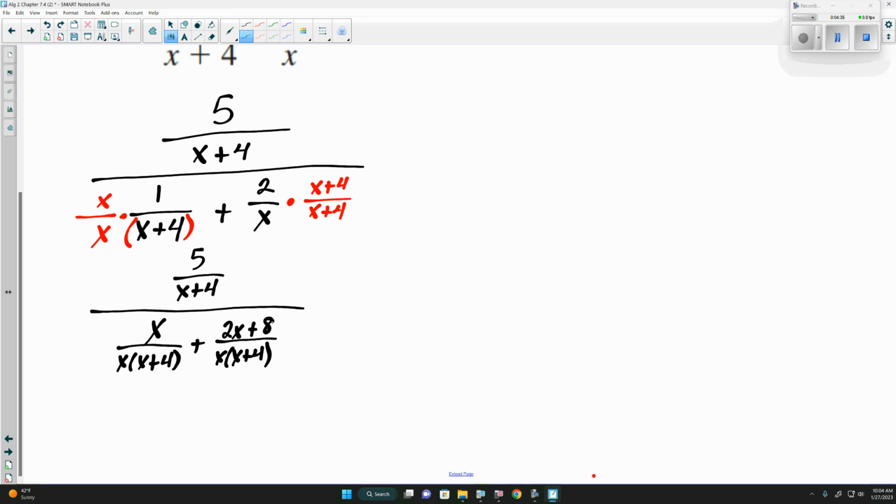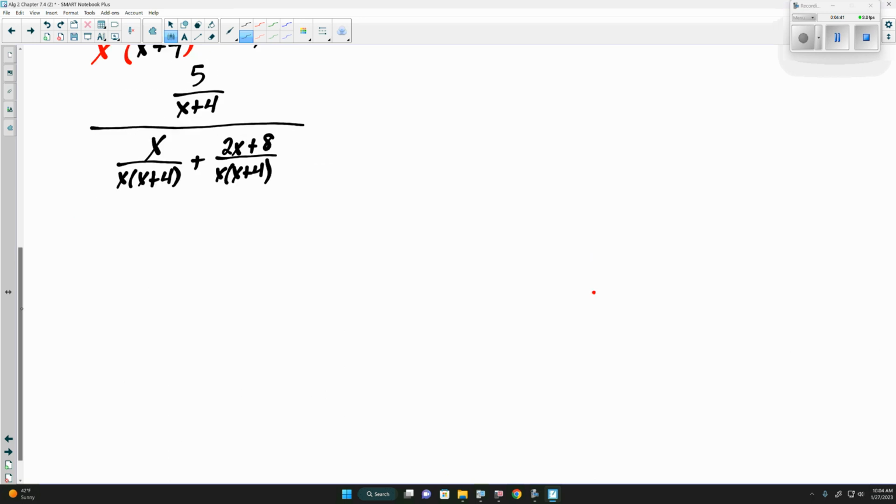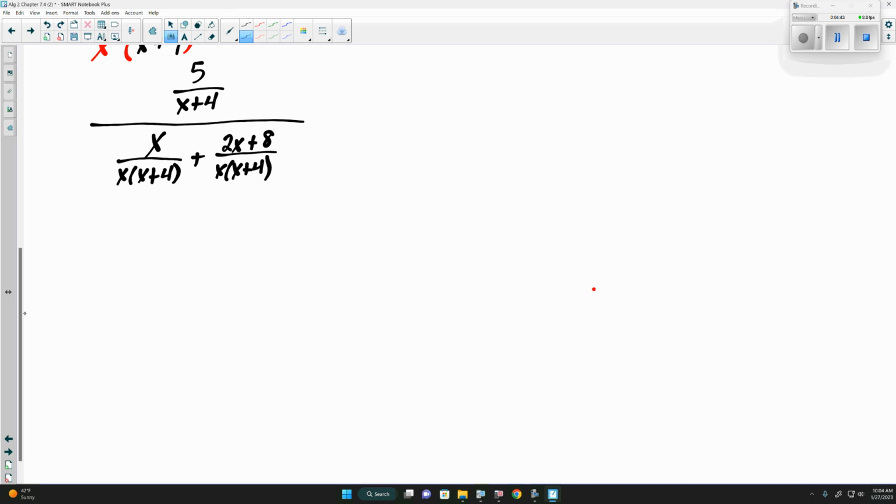Questions on this so far? Now that the denominators of the denominator are the same, we can add those together.